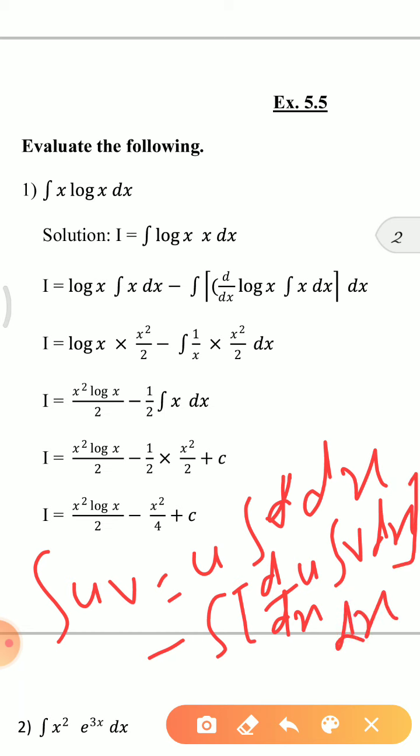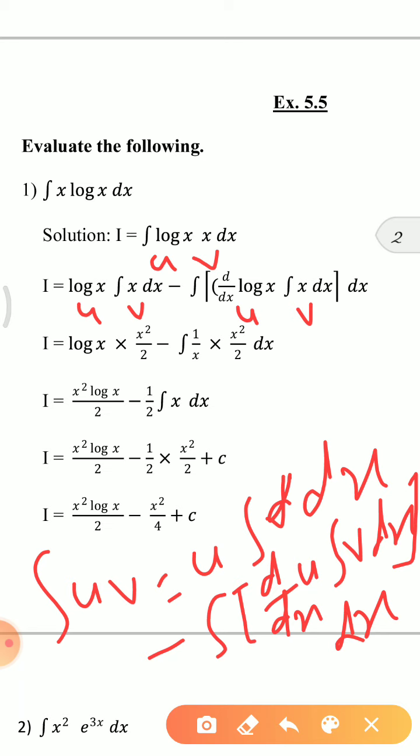This you apply here. Here u is log x and x is v here. That is log x into integral x dx minus integral in bracket d by dx of log x into integration x dx, bracket complete, the whole dx here.